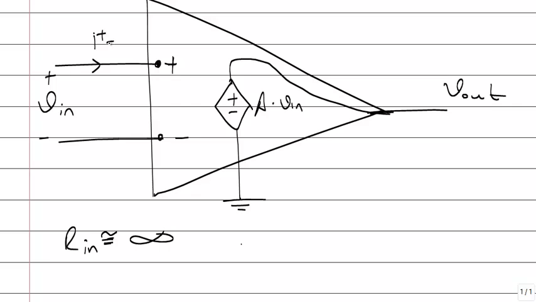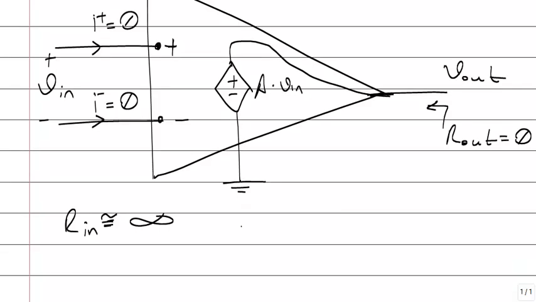I plus is always 0, I minus is always 0. I plus is the current of this cable, I minus is the current of this cable. It's always 0 because there is a very high resistance at the input. And the output resistance is approximately 0. Okay, it behaves like there is no resistor at the output.